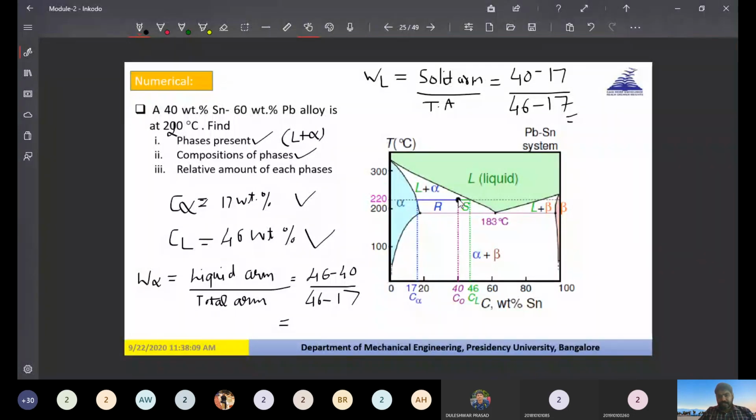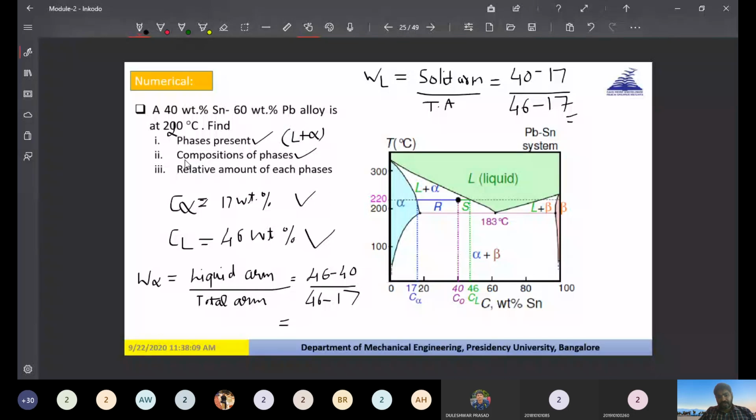I have already discussed all these things in much detail when we talked about the isomorphous system, but I am still planning to take these questions. I have solved these questions based on this binary eutectic diagram. In any diagram, whether it is a unary system, binary system, or ternary system, we can apply these rules to find out the various things. If you want to find out the phases present, you can find it from the diagram.